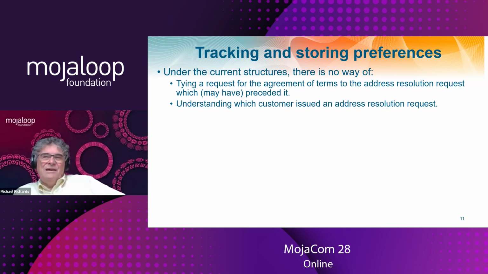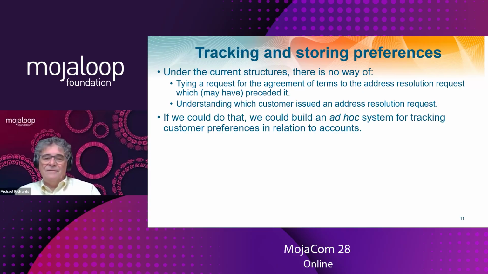Now, what that means, I think, is that in order really to be able to track and store preferences, we would need to know which sender's preferences we were talking about. But if we could do that, we could build an ad hoc system for tracking customer preferences in relation to accounts.